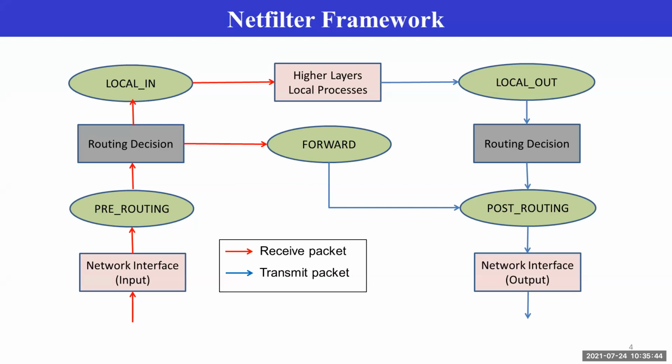To do that, we need to consult the routing table to decide which interface it will be sent on, so again a routing decision is made. After that, the same path is followed: POST_ROUTING, and then the packet is finally transmitted through the network interface.